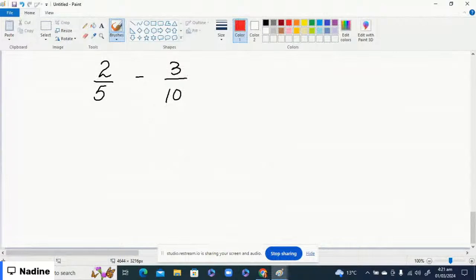You tell me which one we choose. 2 by 5, then multiply and divide with the same number to make both denominators equal, so we get 10. 5 times which number is 10? 2.